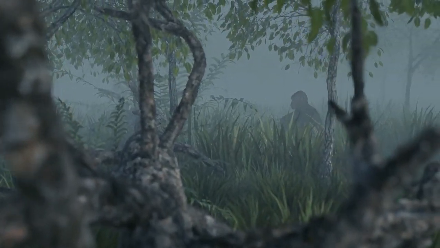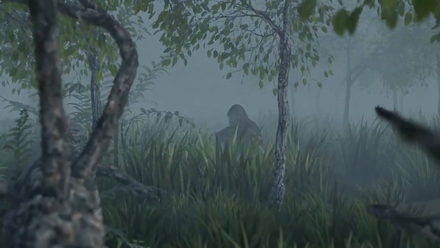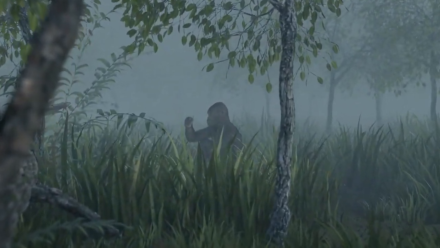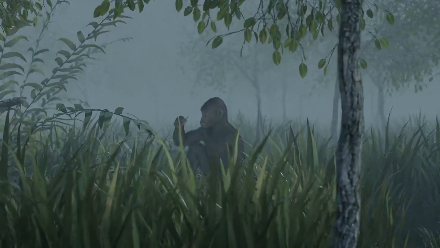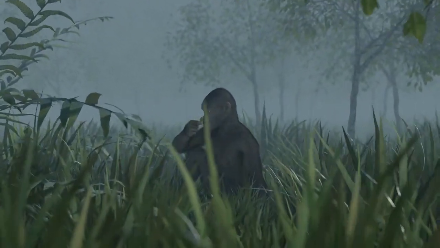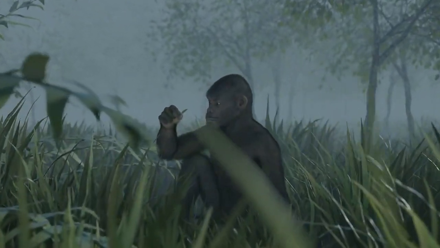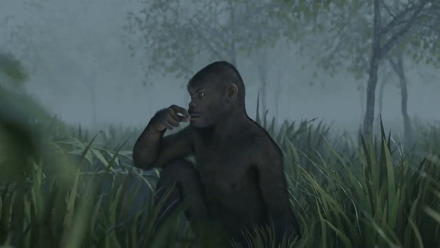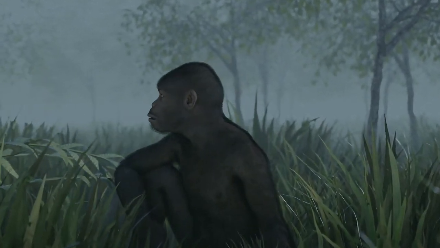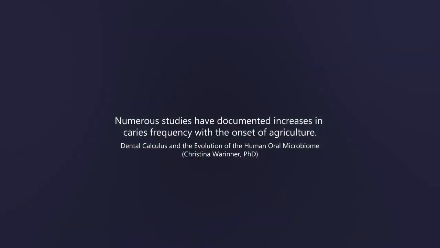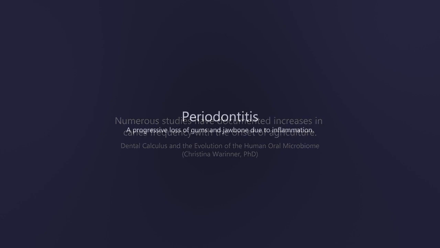And we too once ate exactly the same way. We'll see in a moment how we can effectively prevent tooth decay today. But first, let's take a look at periodontitis.